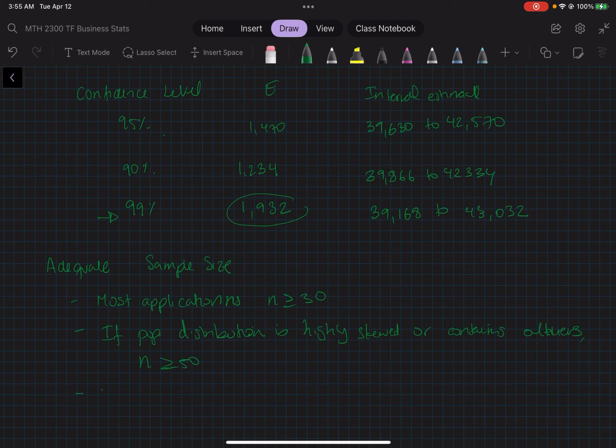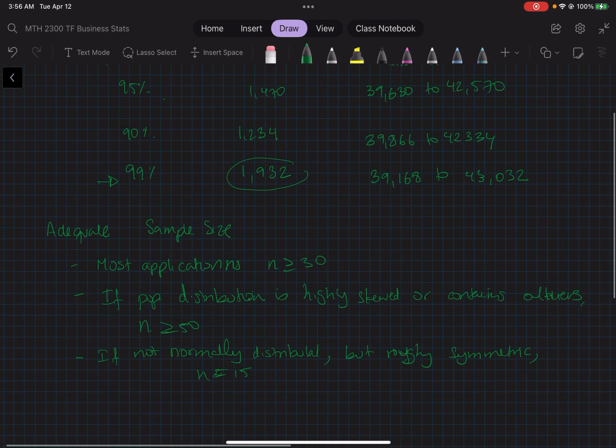Okay, if the population is not normally distributed but roughly symmetric, then n can be approximately 15.